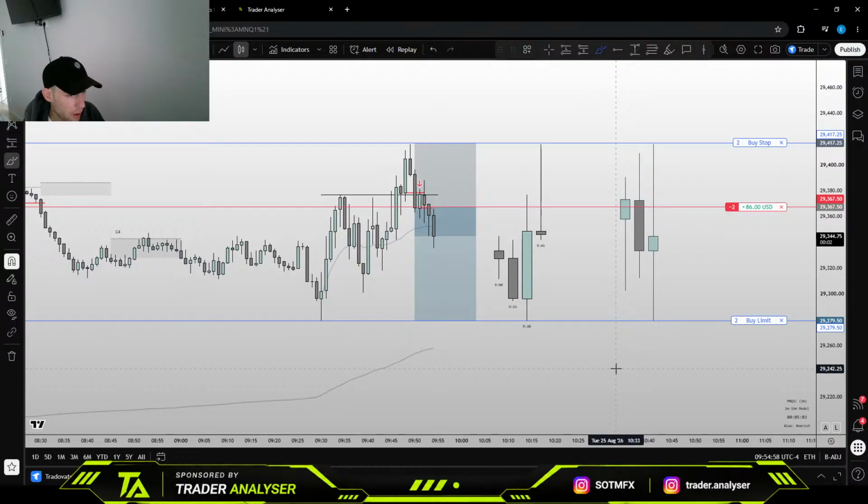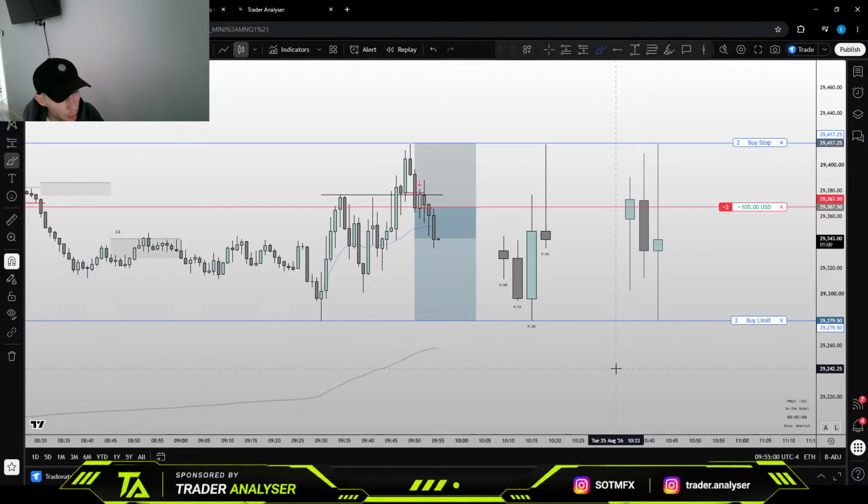All right, so I really want price to close below the New York VWAP and continue pushing lower. We do still have 5 minutes left until the 1 hour candle closure.